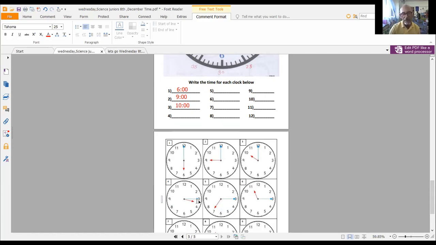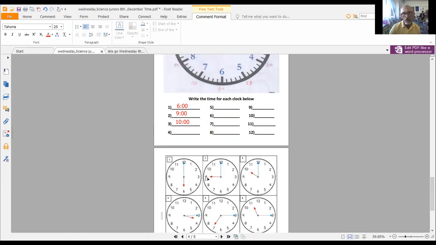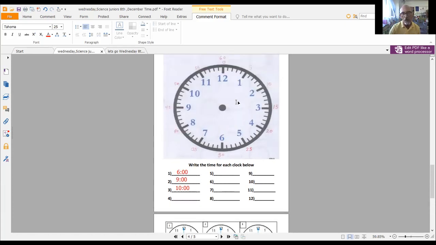How many minutes is 3? Let's look up here at our big clock. We know that every line is 1 minute. So if we count by 5, 5, 10, 15. So 3 is also 15 minutes. Okay, 3 is also 15 minutes.